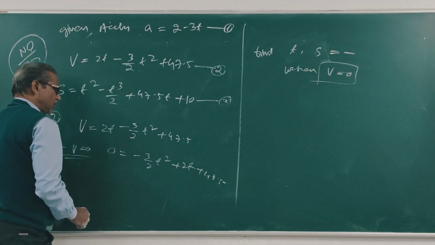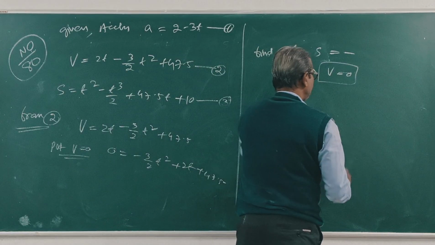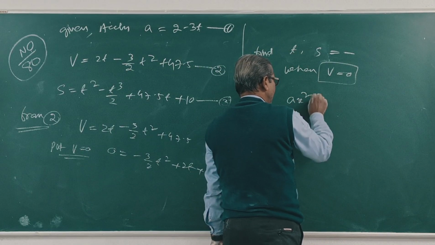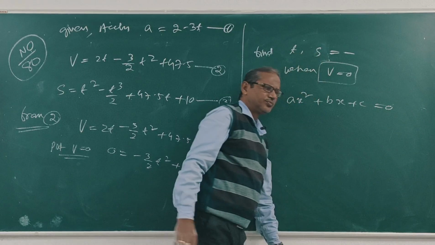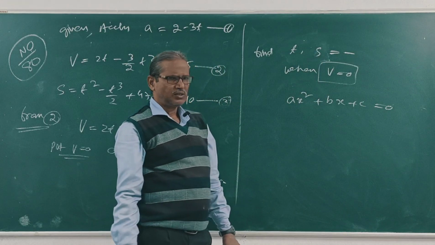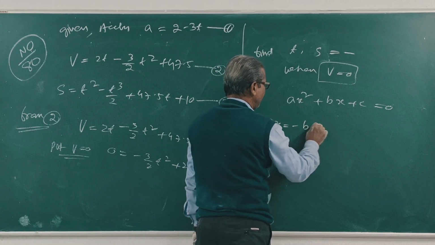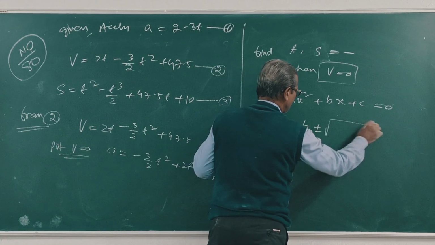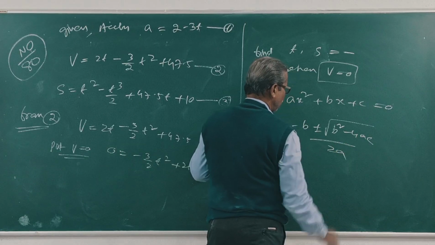This is of the form ax square plus bx plus c equal to 0, a quadratic equation. So what is x? x is equal to minus b plus or minus root over b square minus 4ac, by 2a.